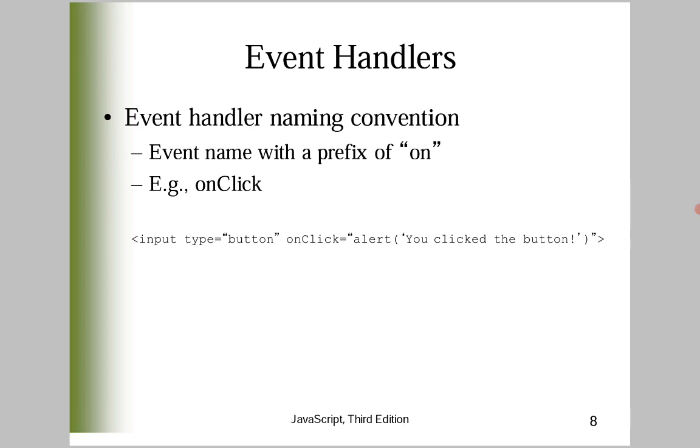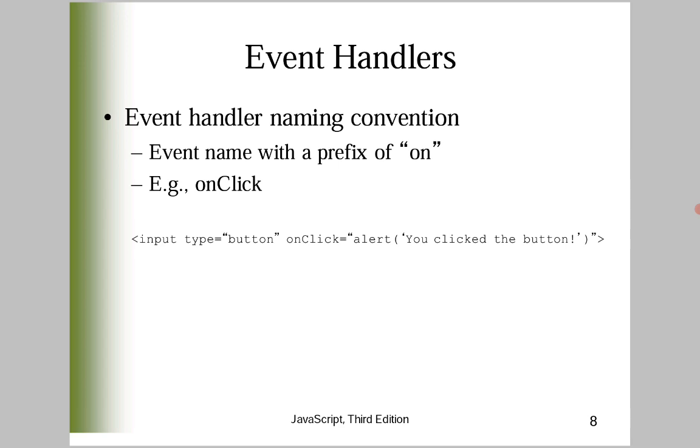All events and event handlers generally start with the keyword on. So examples are onclick, ondblclick, onblur, onmousemove, onkeypress, onkeydown, onkeyup. All these are different examples of events or event handling.